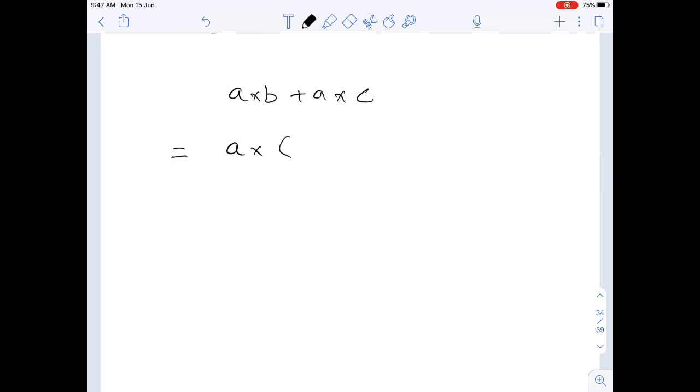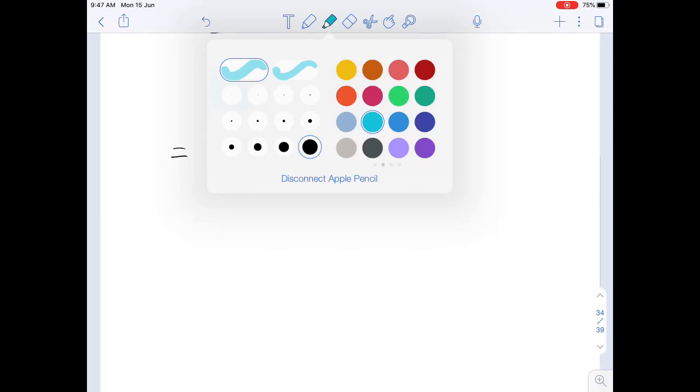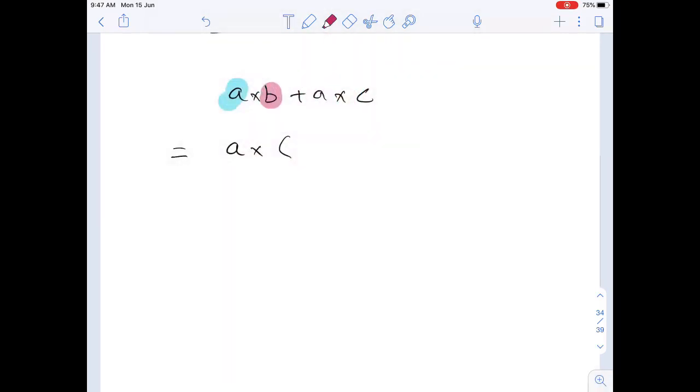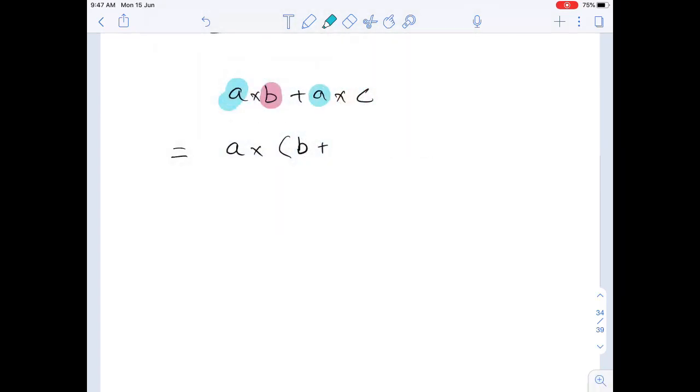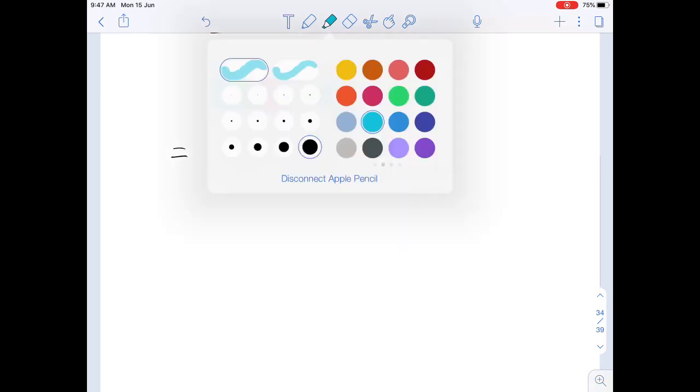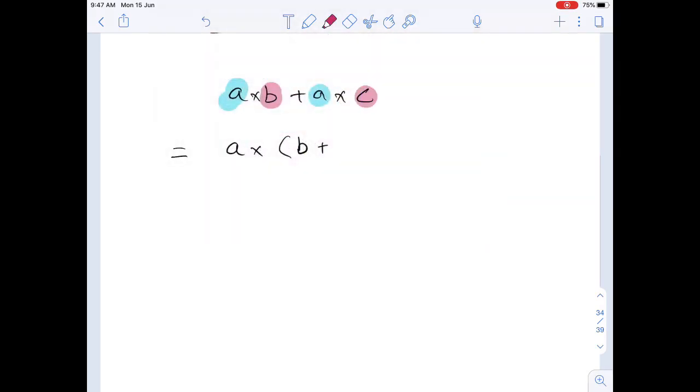Now in the bracket, if I remove this a, what is remaining? Yes, b. So that b I will write inside the bracket, plus. The one I have colored with this sky blue color is our common term. As we have removed the common outside, what will remain inside the bracket is c. What is the sign for c? Plus. So I will write here plus c.